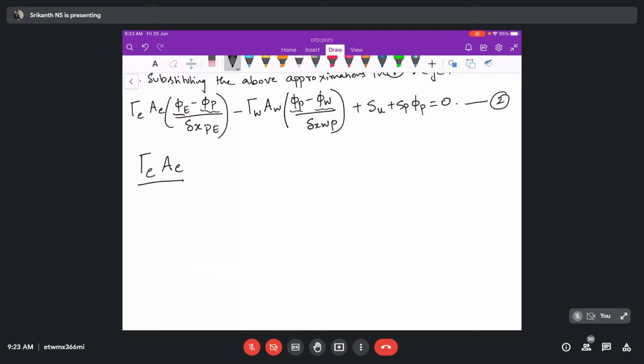Gamma E AE into, look, divided by, okay, plus, so I'll just try to write it like this.